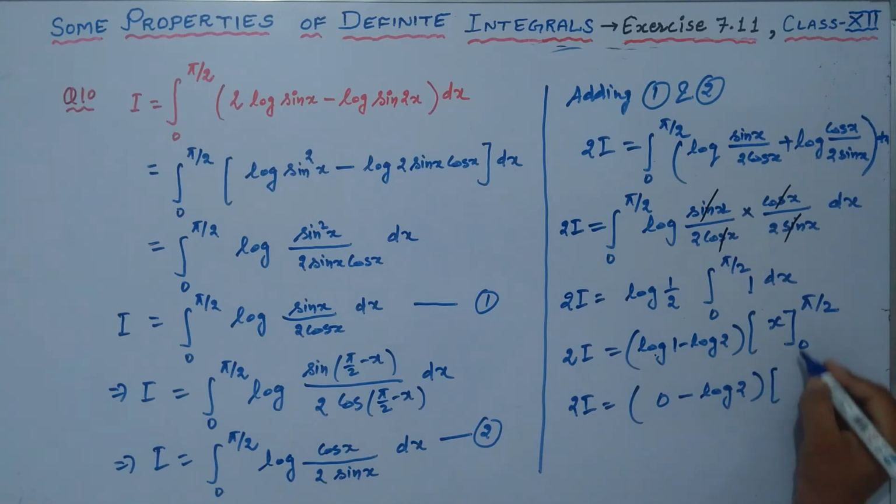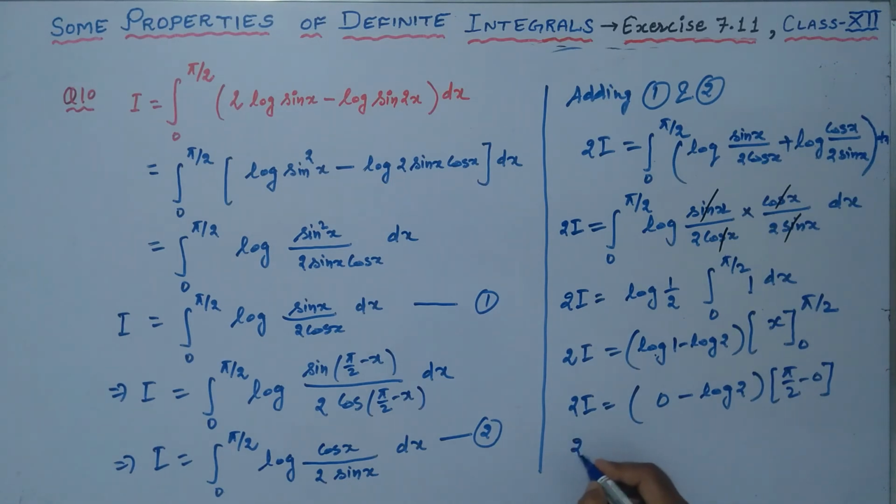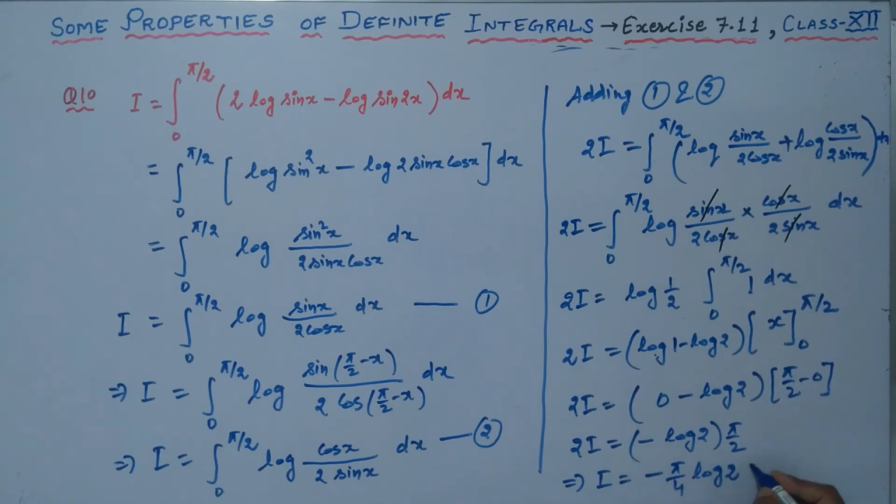This becomes pi by 2 minus 0. So finally 2i is equal to minus log 2 into pi by 2. That means I is equal to minus pi by 4 log of 2, which is the final answer of this question.